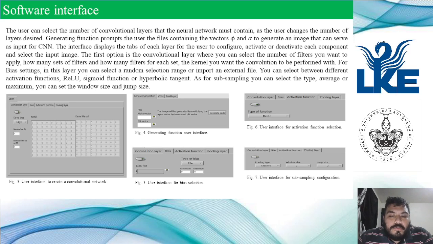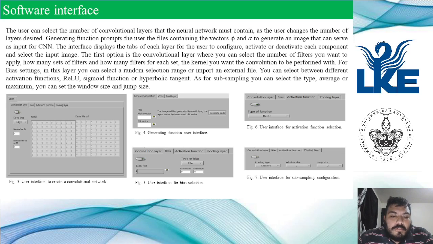This function uses two vectors, phi and alpha, that users select in the interface, and the program generates the image.